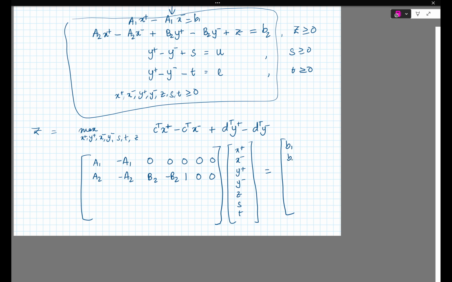Here you have b2, and then you have 0 0 1 minus 1 0 1 0 and u, 0 0 1 minus 1 0 0 minus 1 and L, right?